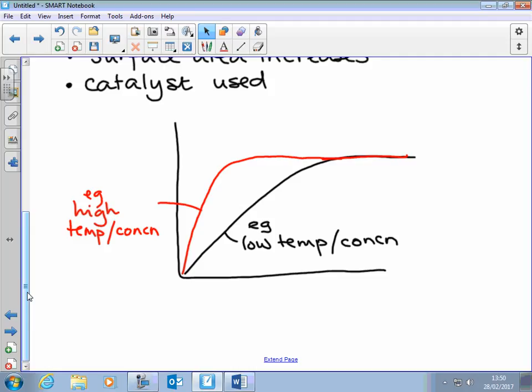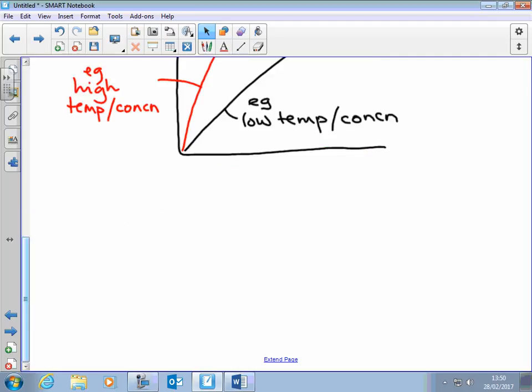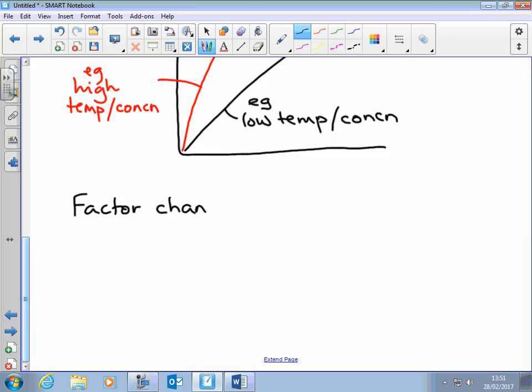If we look generally at changing conditions, like temperature and concentration and pressure, it's really about collisions. The factor that actually changes rate is collisions.